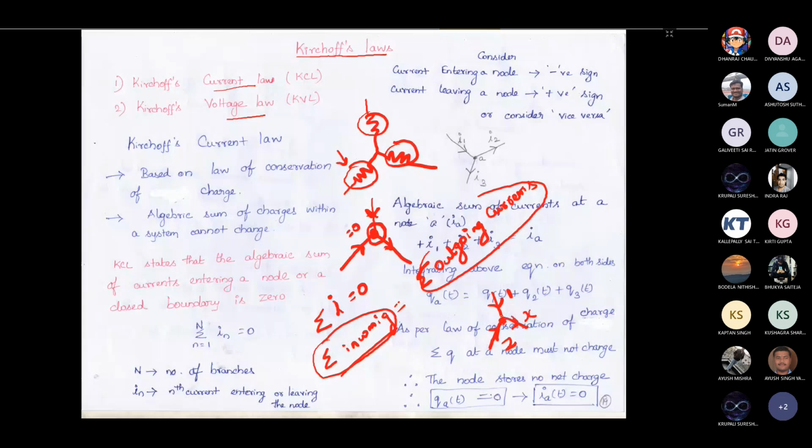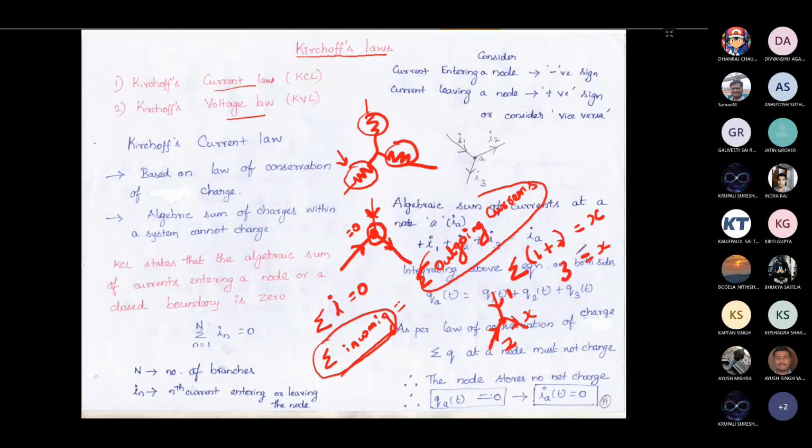So you can say that currents are coming in, right? If that is the case, the sum of the incoming currents, that is 1 plus 2, will be equal to the sum of currents at the outgoing. In the outgoing, you are going to have only one current here, so your X will be 3.